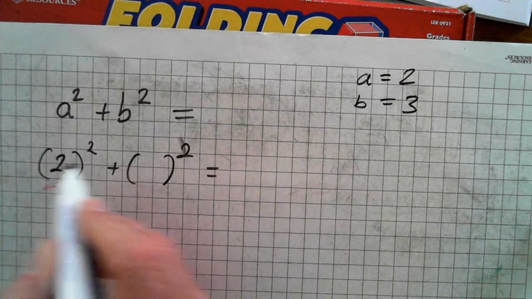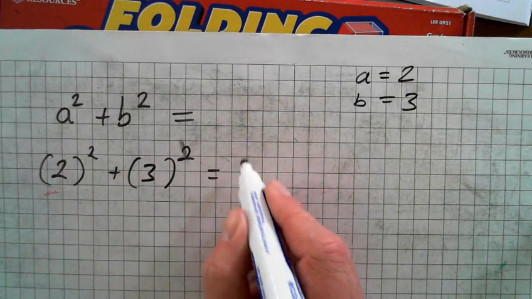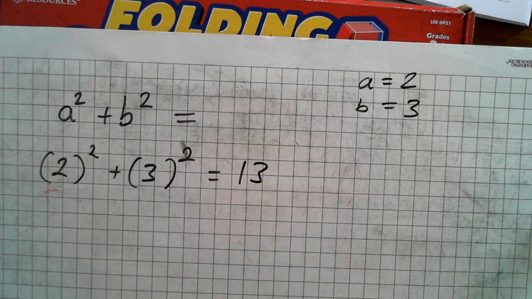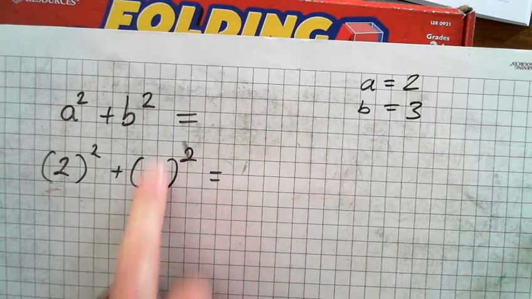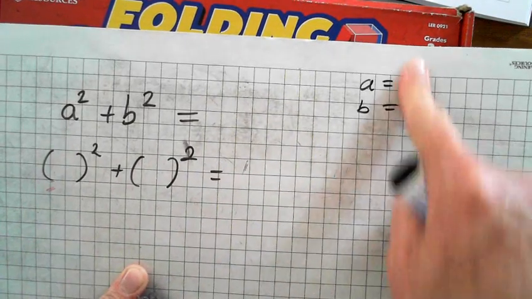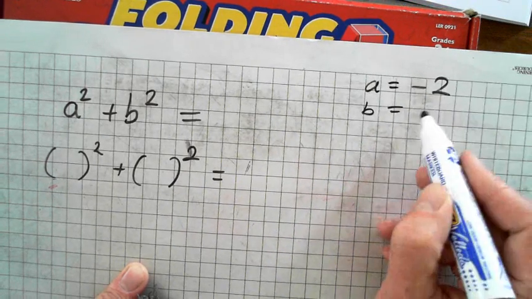So for A you put in 2, for B you put in 3, so that's 2 squared plus 3 squared, 13. Alright, using the same formula, just change that to minus 2 and minus 4.